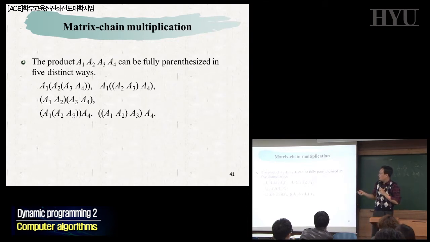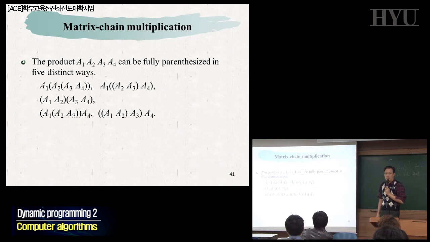We are going to multiply 4 matrices, A1 through A4. There are 3 multiplications. One is between A1 and A2, another is between A2 and A3, and the other is between A3 and A4. And there are 5 distinct full parenthesizations, and they are enumerated here.